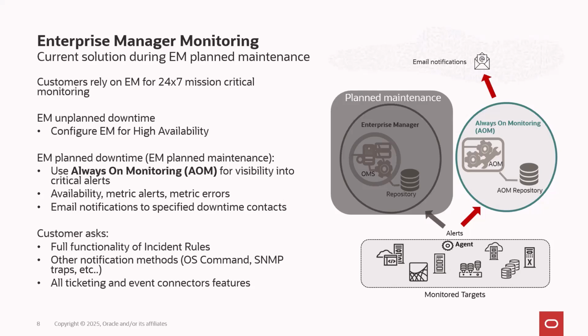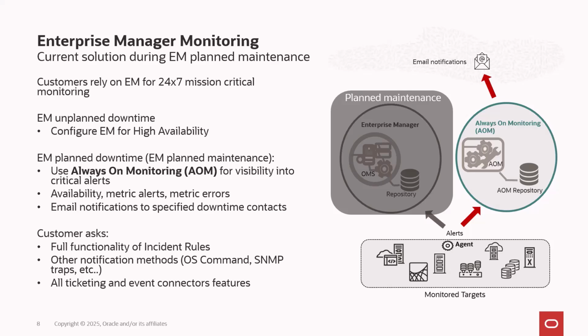Now, customers who are using AOM have asked us for additional functionality. They said, well, this is good, but it's not enough. They've asked us to also provide all of the full functionality that they have in incident rules, where they can designate for certain groups of targets, different types of recipients based on the different targets.